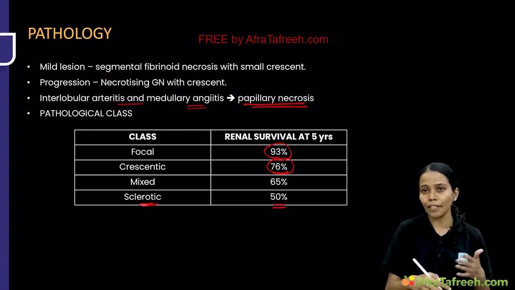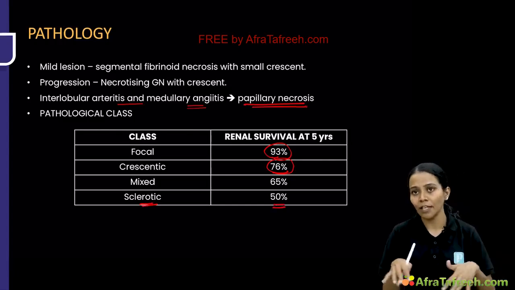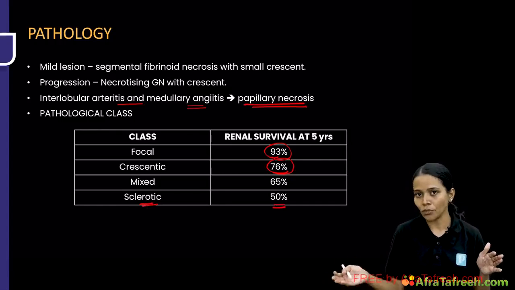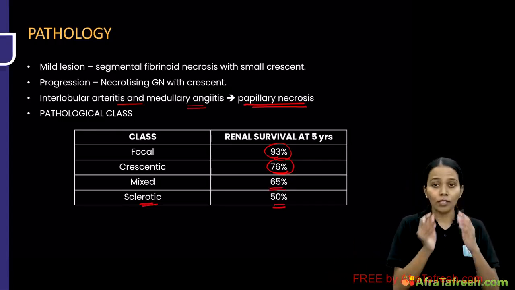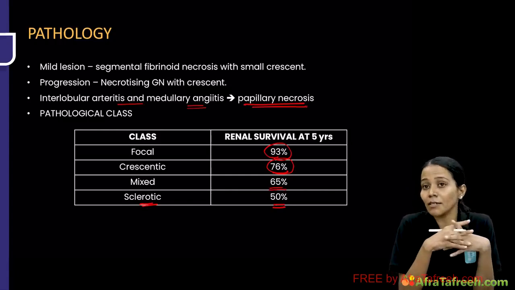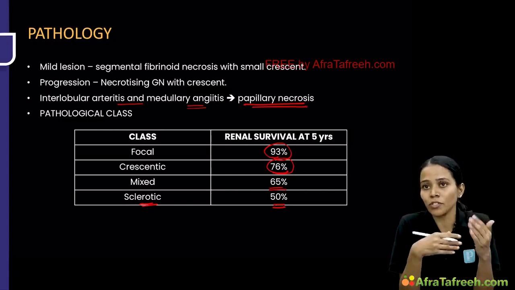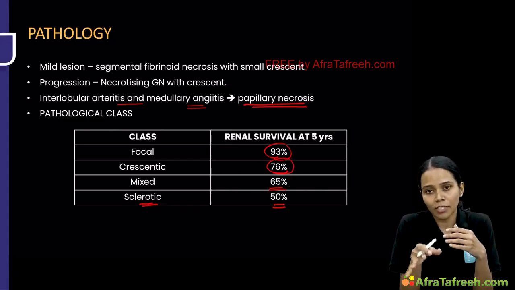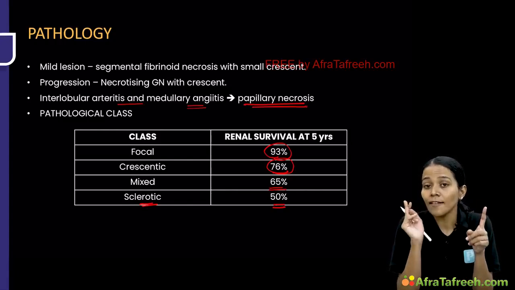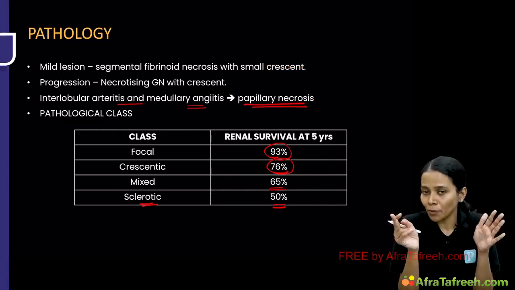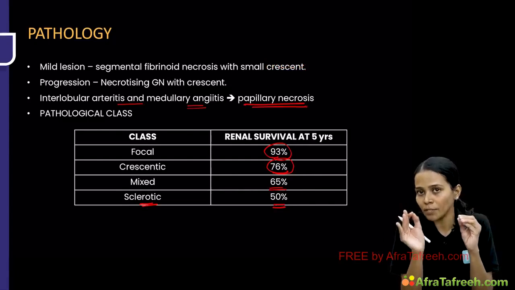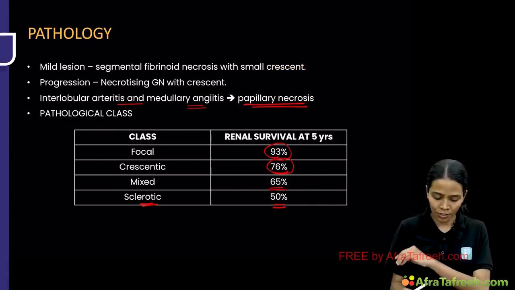Mixed, that is, it can be either focal or some can be crescentic. There can be some sclerosis also. This is intermediate between crescentic and sclerotic. So just because crescents are there, that doesn't mean that this is the worst prognosis, because crescents treated timely will respond. Okay. So you have to remember that mixed has a worse prognosis than crescentic. The best prognosis is focal lesion and the worst prognosis is sclerotic lesion.